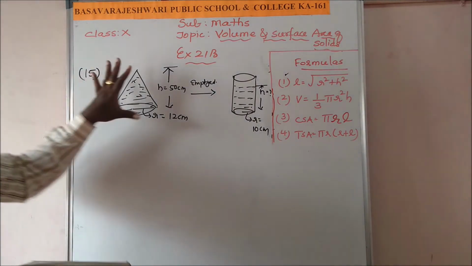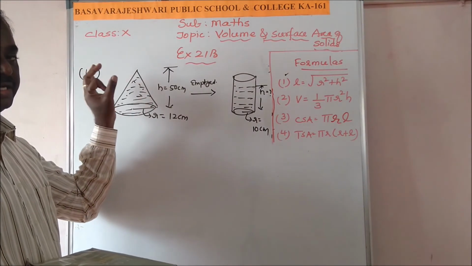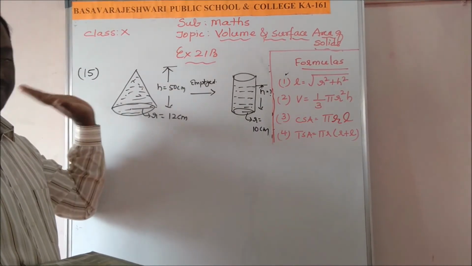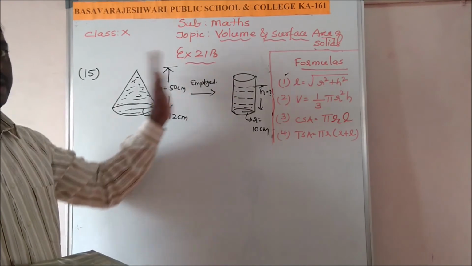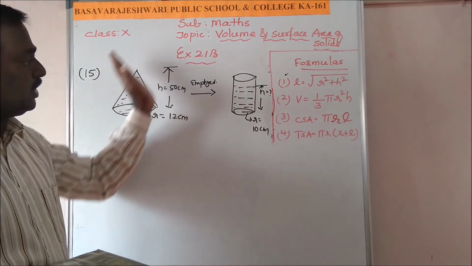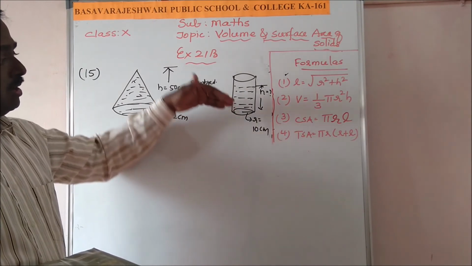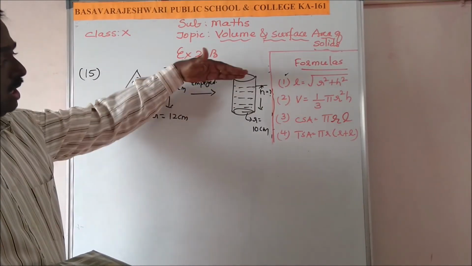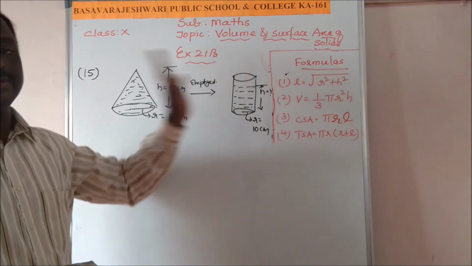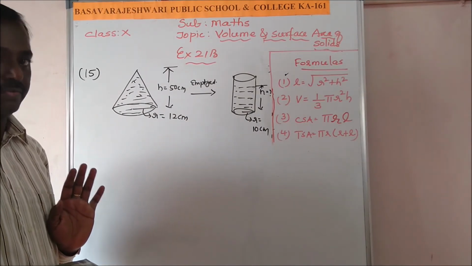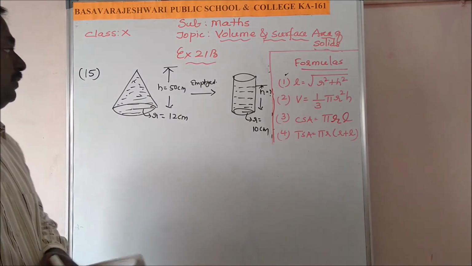In question number 15, a conical vessel is there and it is filled with some liquid. Radius is 12 cm, height is 50 cm. It is emptied, so we are pouring this liquid into a cylindrical vessel having radius 10 cm. Now we have to find out up to what height this liquid will be stored in the cylindrical vessel.